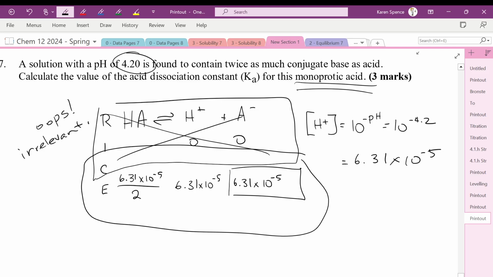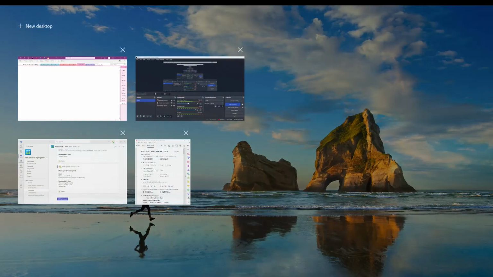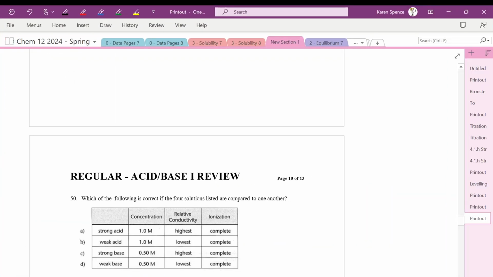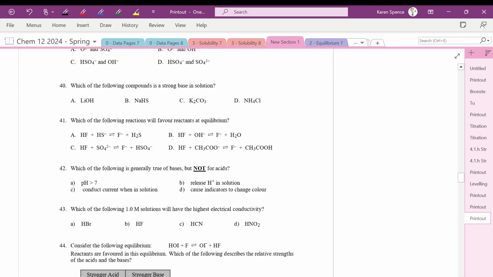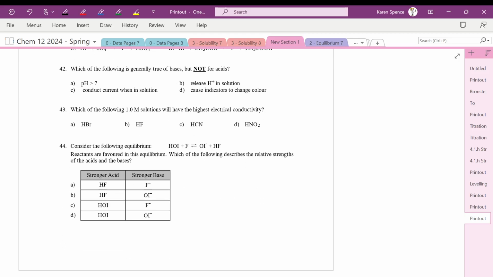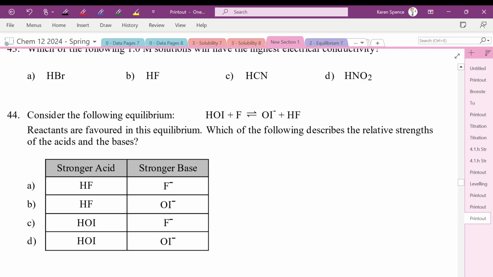We got anything else? Yes? 44. Okay, consider the following equilibrium. Now, this is one where you need to make sure you have read the question because I've had numerous people ask me about this one because HOI is not on your table of acids.